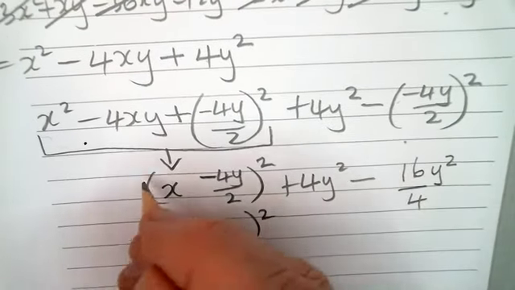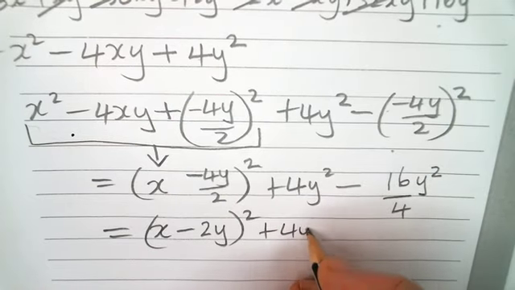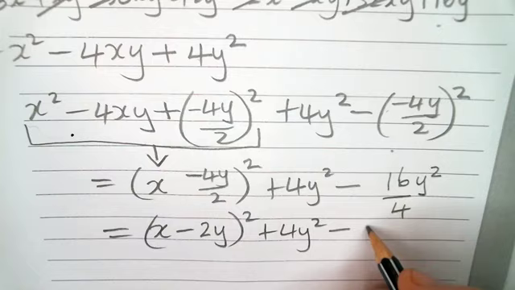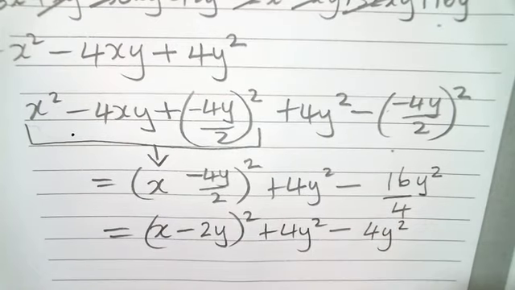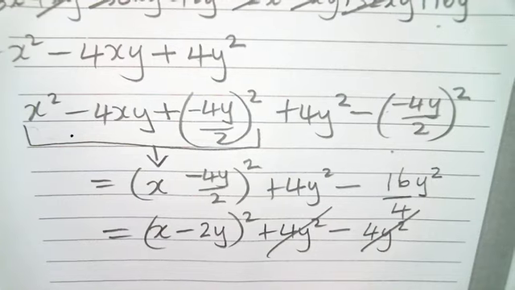And I'll put some equal signs in here. We should really have equal signs. Now, what is this? We've got plus 4y squared. This is minus, well, 4 goes into 16, 4, and I've got a y squared. So 4y squared minus 4y squared is, of course, 0.